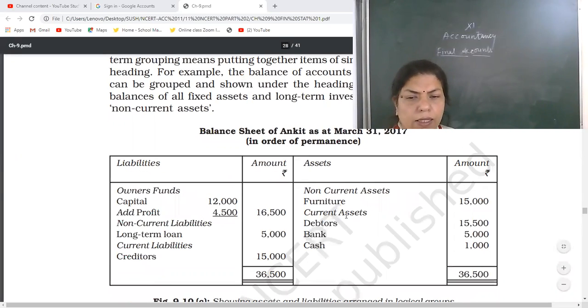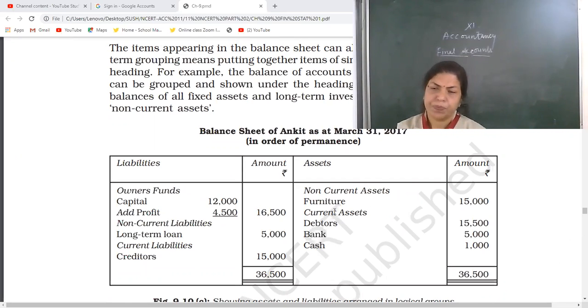See, non-current assets are those assets which are for a long time period, which are not current assets. This is of two types, tangible and intangible. Tangible means which we can see or touch: land and building, plant and machinery, furniture and fixtures, vehicles.